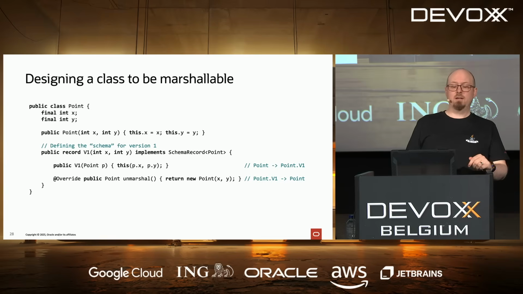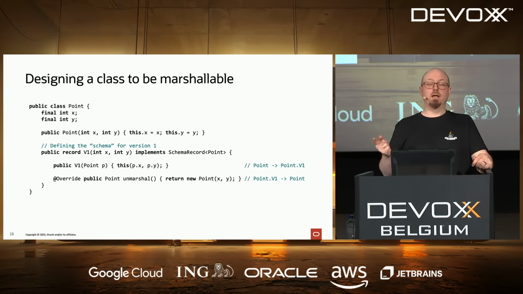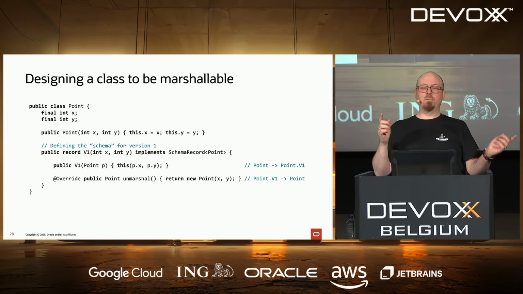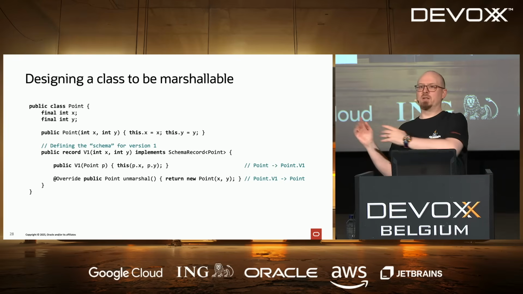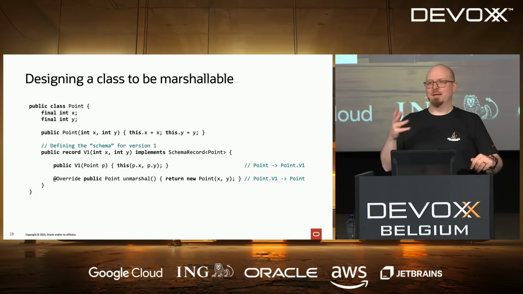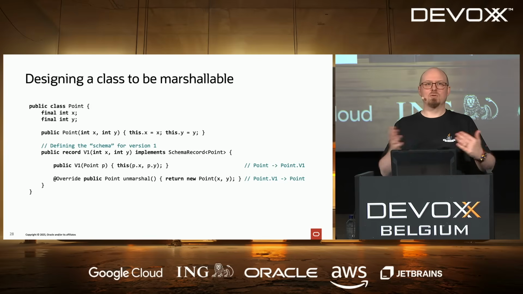And on the other side, if I have a v1, I can just have a method on it that invokes the constructor, saying that, okay, I can recreate a point given a v1. So now I have a function in both directions. So I can go from point to v1, from v1 to point. So now we can go through the entire process of deconstruction and reconstruction.